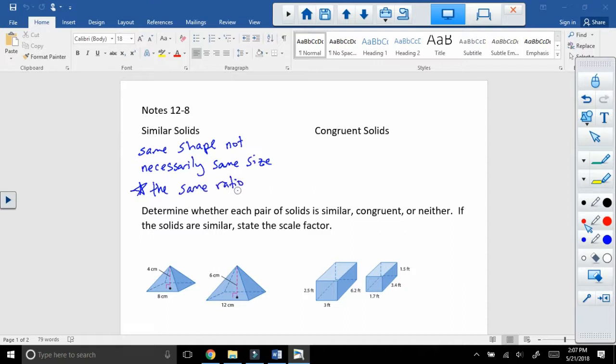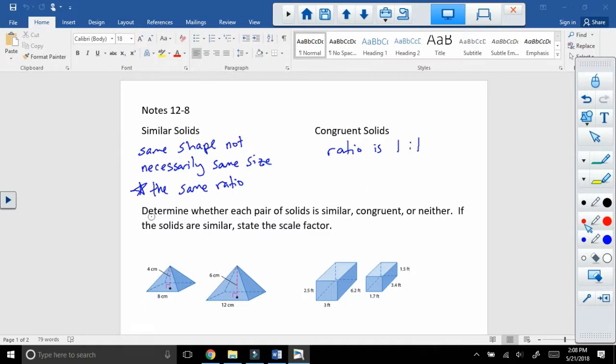For congruent, congruent's going to have everything about them be the same. So I'm going to write the ratio is 1 to 1. So same height, same base, same angles, everything about them's the same.